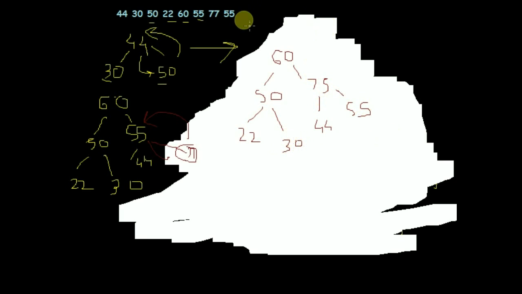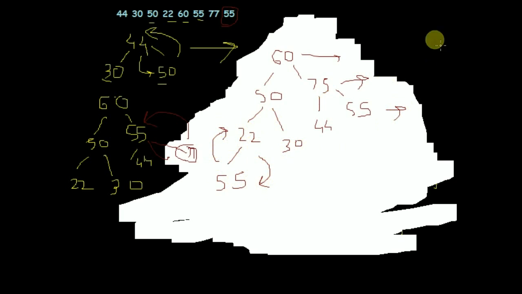Now I have to insert 55 again, the last element here. As you can see, this is my first level filled, second level filled, third level filled, so I have to insert here 55. 55 is more than 22. A change would occur like this.